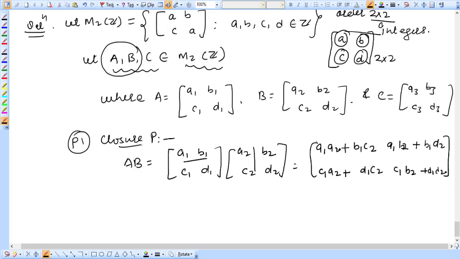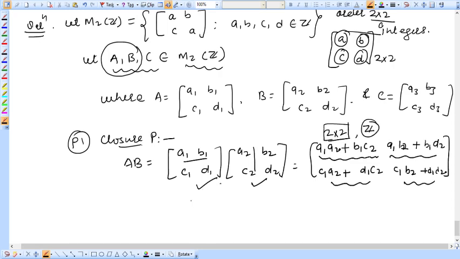As you can see, all these numbers are integers here. We know addition and multiplication of integers is again an integer. So all these four elements are also integers. It implies the order is 2 by 2, and all the elements are integers.